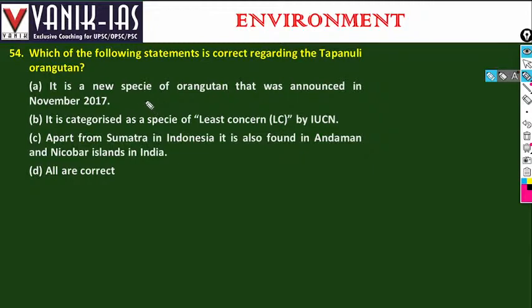The first statement is right. The new species was announced in November 2017. Okay. Next, is it categorized as least concern? No. The Tapanuli orangutan is categorized as critically endangered, the most endangered species.